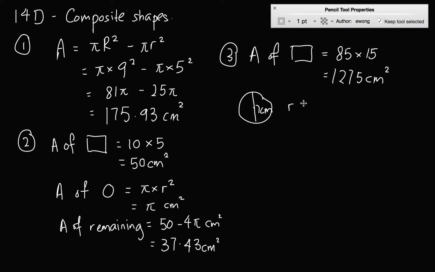Now, the radius is just 7 divided by 2, and that is 3.5 centimeters. So to find the area of one of those circles, it'll be pi times r squared, and that means it's pi times 3.5 squared.